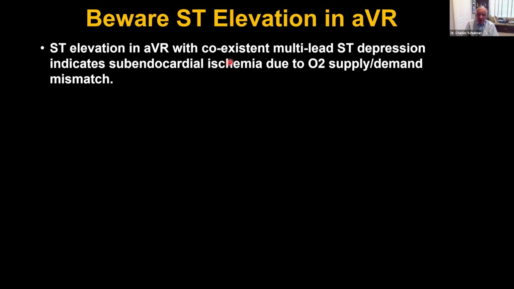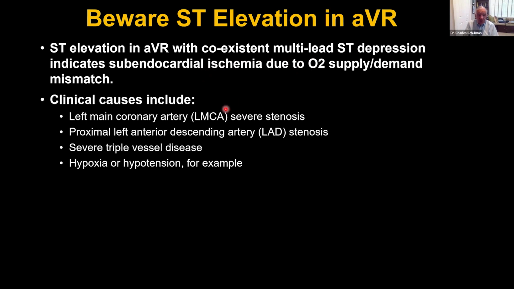ST elevation in AVR with coexistent multi-lead ST depression indicates subendocardial ischemia due to an oxygen supply-demand mismatch. What we commonly associate this with is left main coronary artery severe stenosis.